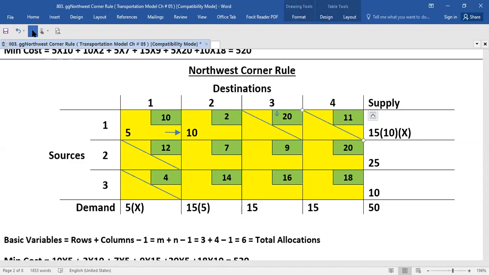This means that you cannot make any allocation in these cells. So the second allocation is completed. Now is the time you will move to the third allocation. We will make 6 allocations altogether. 2 are completed.